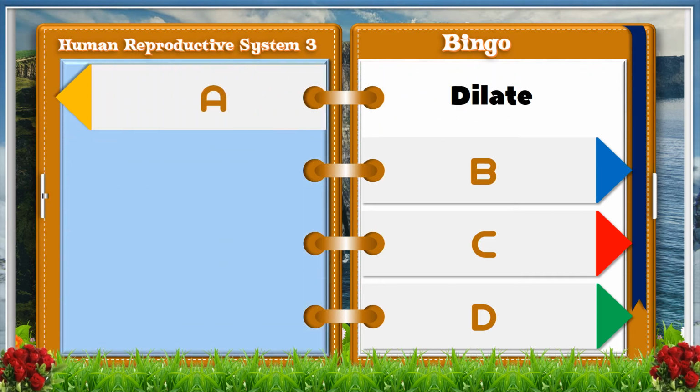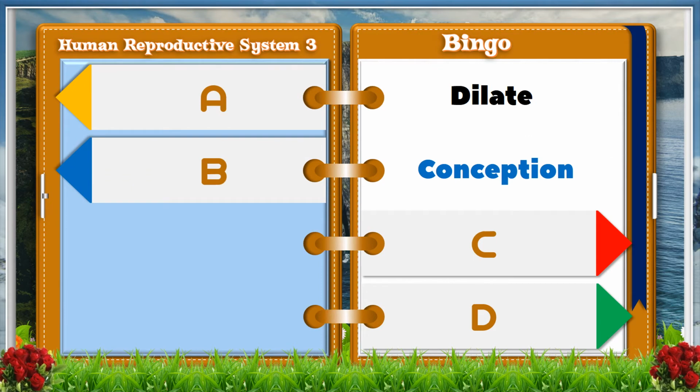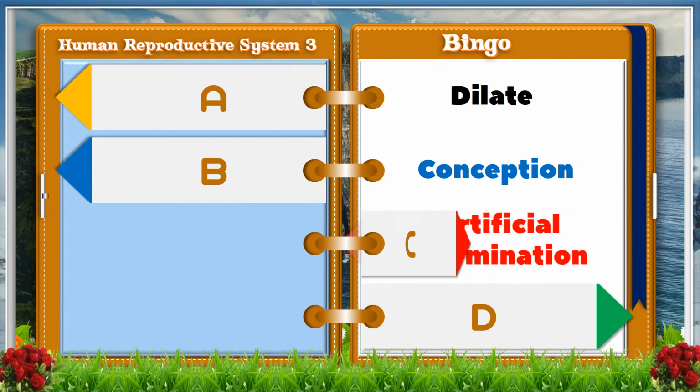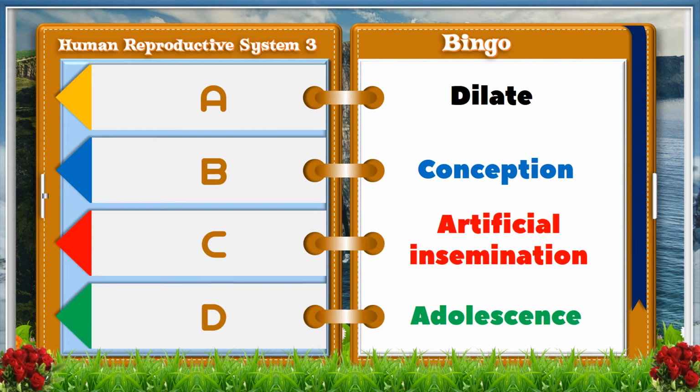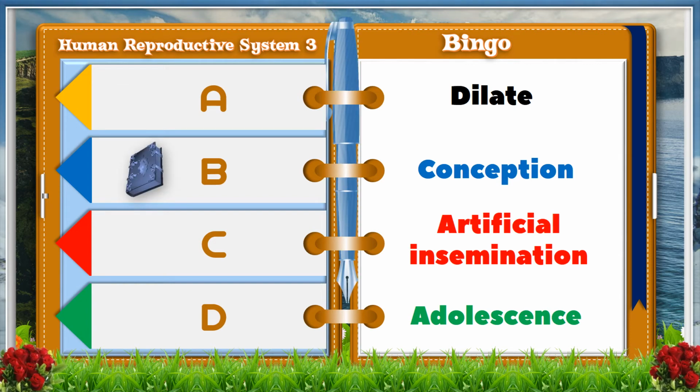A. Dilate. B. Conception. C. Artificial insemination. D. Adolescence. And the answer is B. Conception.